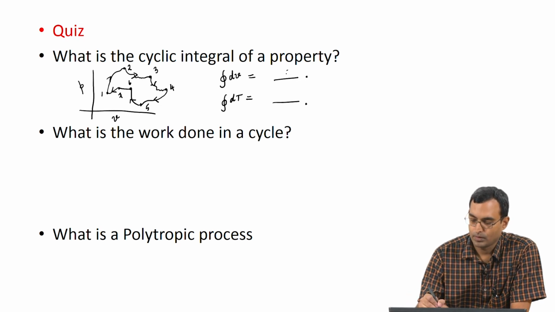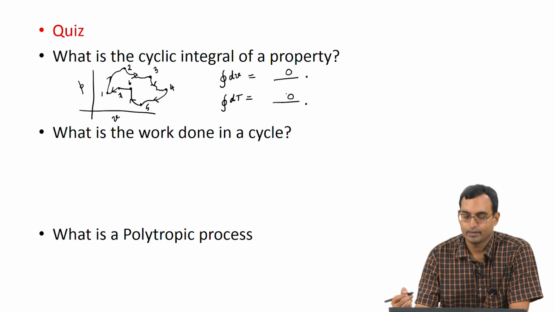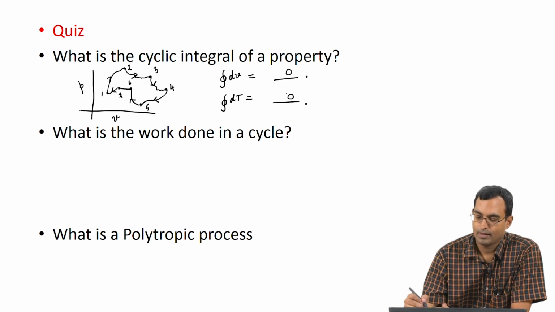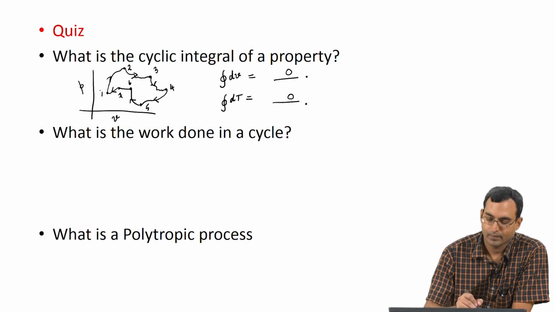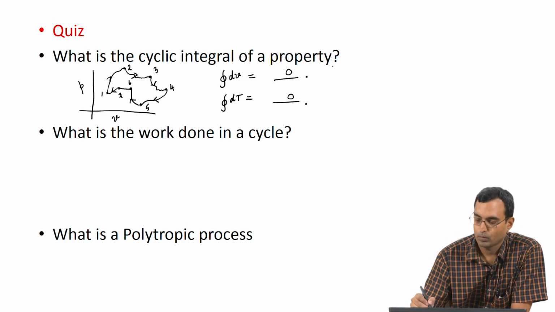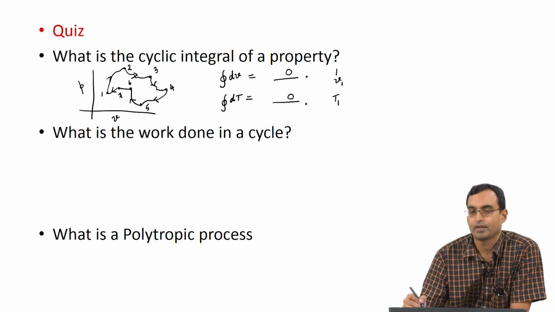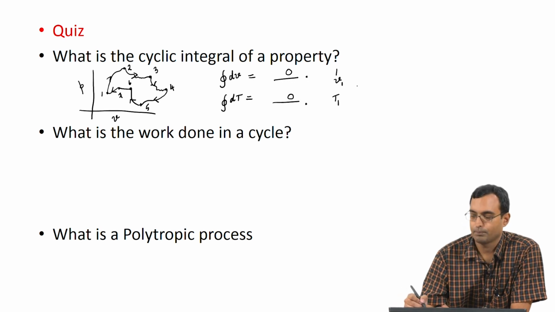And the answer, of course, is 0, because it is a property. So, if you come back to the point where you started, at point 1 the temperature was, for example, T1, and the volume was say V1. When we come back to the same point 1, the volume is still V1, and the temperature is still T1.